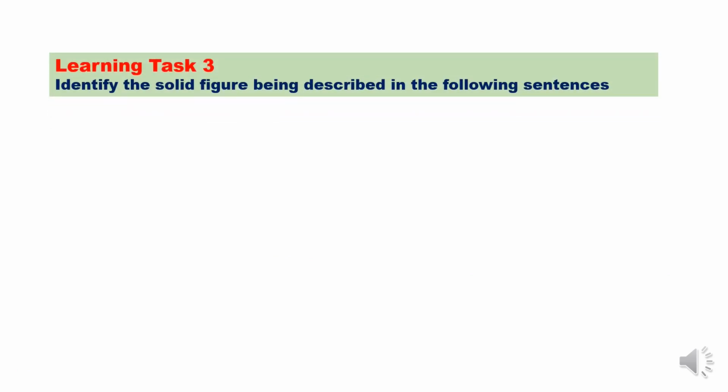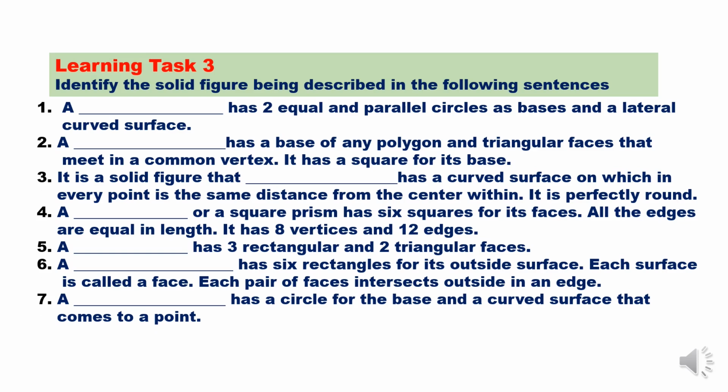For your learning task 3, identify the solid figure being described in the following sentences. Number 1. A cylinder has two equal and parallel circles as bases and a lateral curved surface. Number 2.